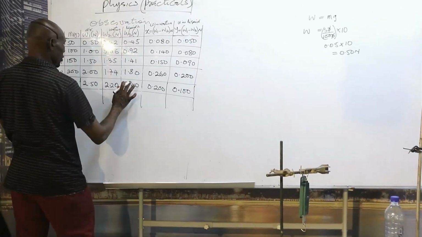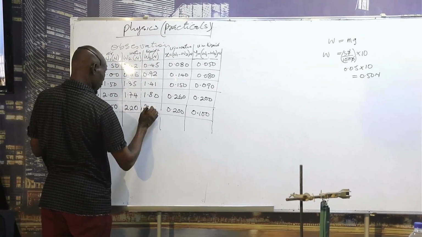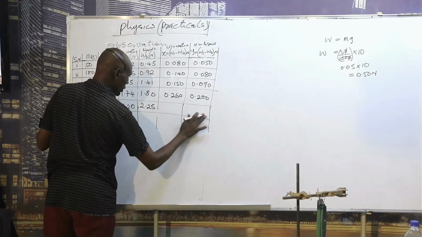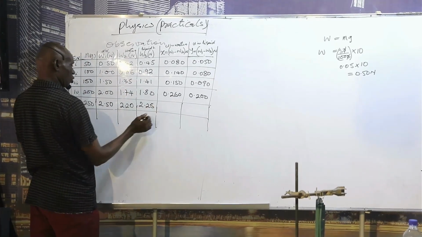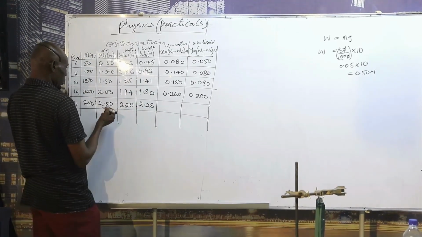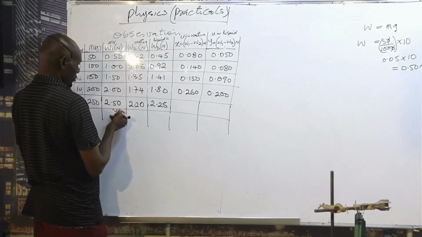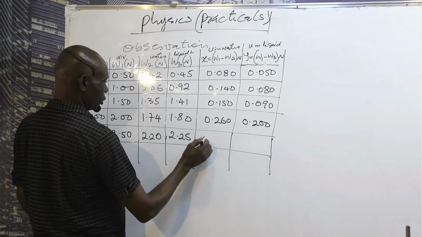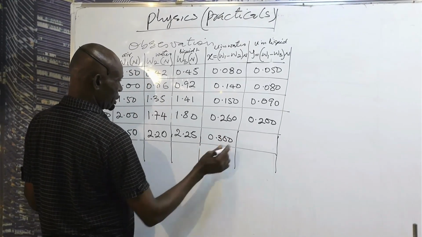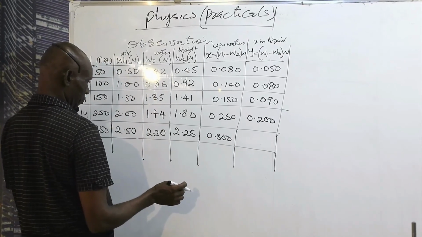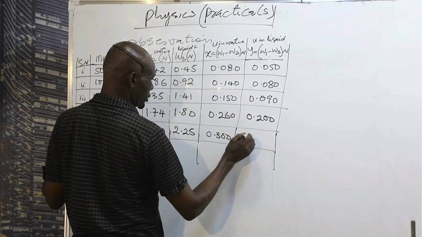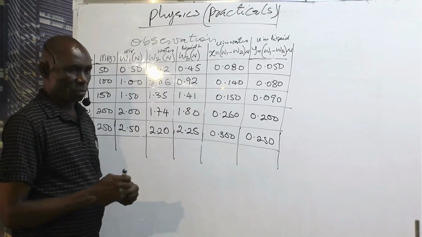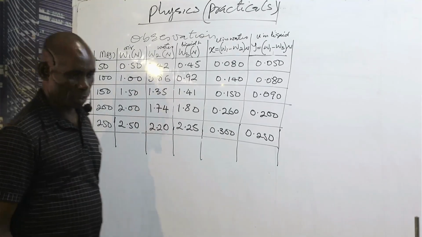So this is 2.25. Let's find out the difference and know if the whole thing is in order. What's the difference here? 0.300. What's the difference here? 0.250. Yes, the decrease is now in order. This is exactly the right thing.